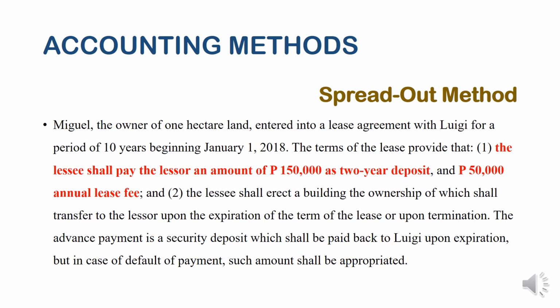The lessee shall erect a building, and the ownership of which shall transfer to the lessor upon the expiration of the term of the lease or upon termination. The advance payment is a security deposit which shall be paid back to Luigi upon expiration, but in case of default of payment, such amount shall be appropriated.